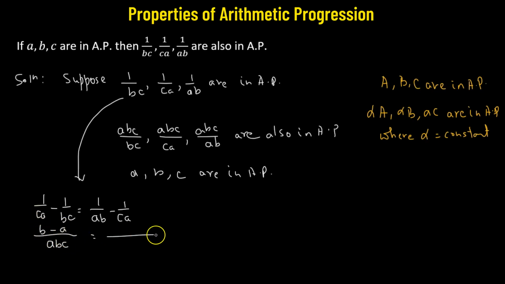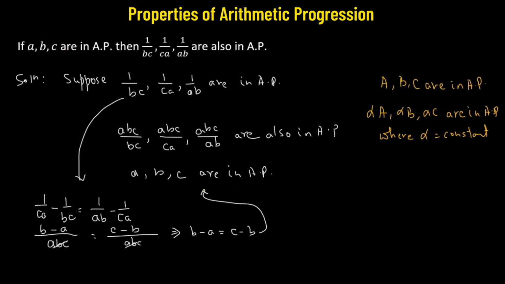So this will be equal to, combining the two terms on the right hand side, a common denominator of abc, and in the numerator we're going to have c minus b. Now abc gets cancelled out, and this is going to give us b minus a equals c minus b, which only shows that a, b, c are in arithmetic progression. Let's move on to the next problem.